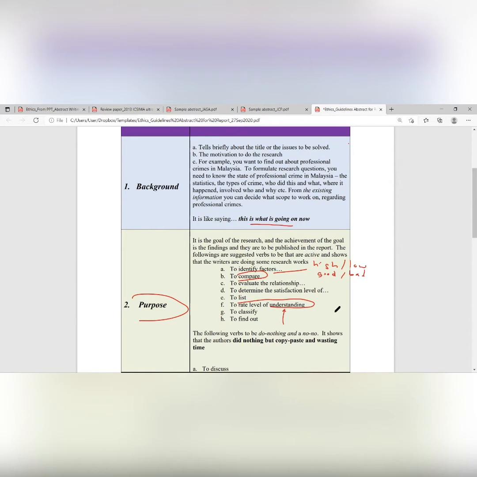So we have to show later in the report how the participant understand about certain topic or certain text that we want to test for the study. So we might have some sort of a level 1, level 2, level 3, level 4.